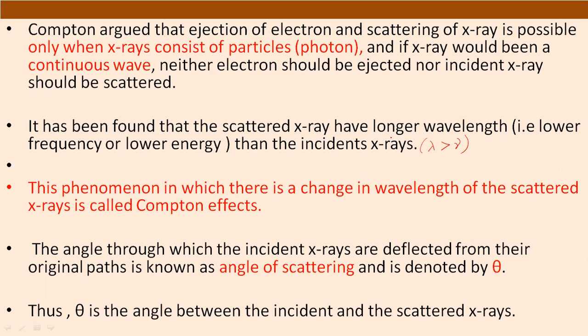Whenever we say longer wavelength, ultimately it has lower frequency, or you can say lower energy, right? So that is about the wavelength. Now we get the definition for this Compton effect. The incident radiation passes on the metallic surface, and once the radiation passes on the metallic surface, the ejection of electron takes place.